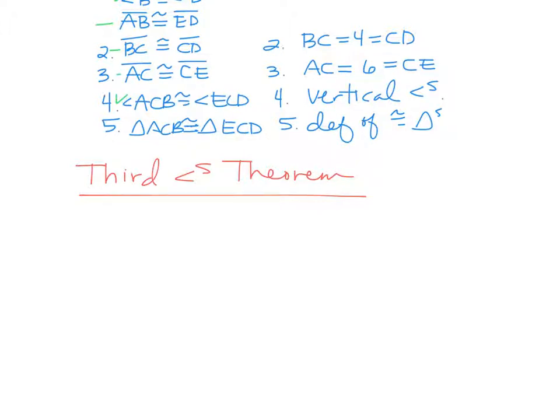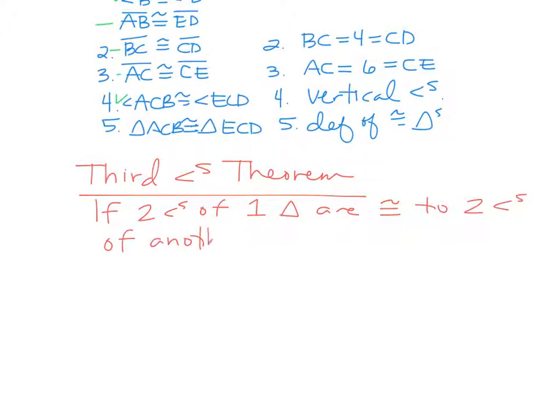So we'll just write it out. If 2 angles of one triangle are congruent to 2 angles of another triangle, then their third angles are congruent.